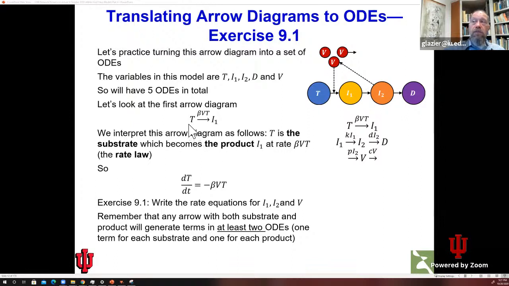So the equation for T will be dT by dt is equal to minus, because T is on the left-hand side, beta VT.